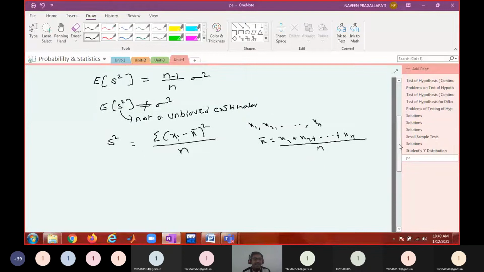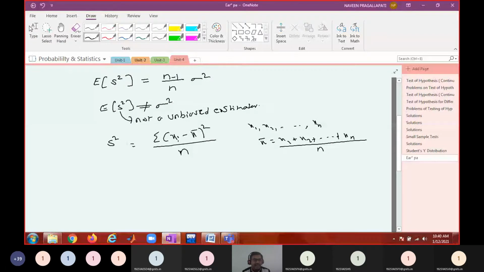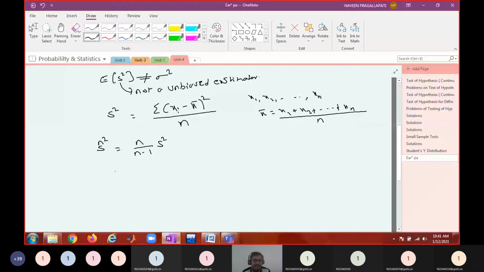So instead of defining s square like this, if I define s cap square as n by n minus 1 into s square, where s square is this formula, then what will be the expectation of s cap square? Expectation of s cap square equals expectation of n by n minus 1 into s square.